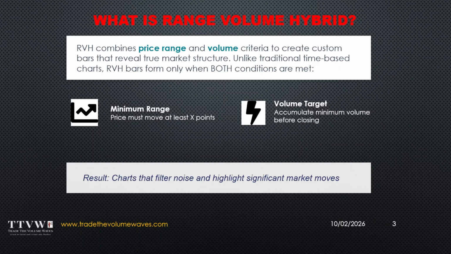Unlike traditional time-based charts, RVH charts form only when both conditions are met, which means if price exceeds a minimum range of X points and if it also accumulates a minimum volume before closing. The result of that is we filter out noise and we highlight significant market moves.